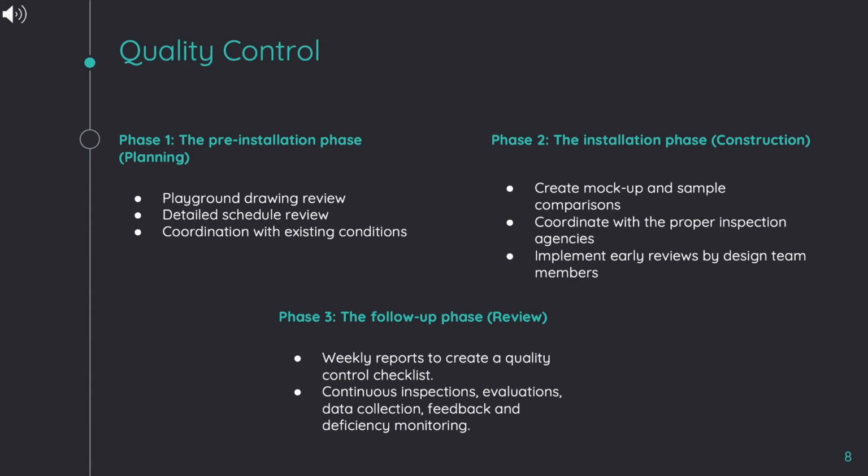To verify that all aspects of the job meet our quality control guidelines, we may create mock-ups and examples, coordinate with the proper inspection agencies, and implement early review by design team members.